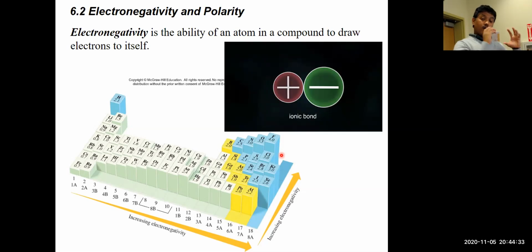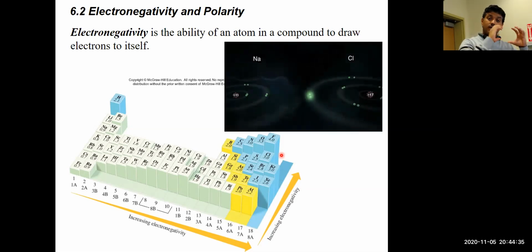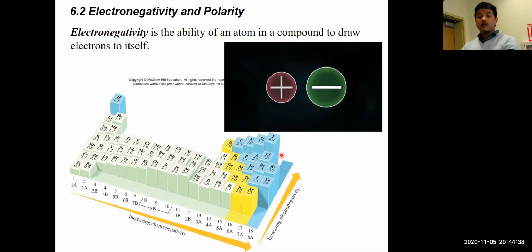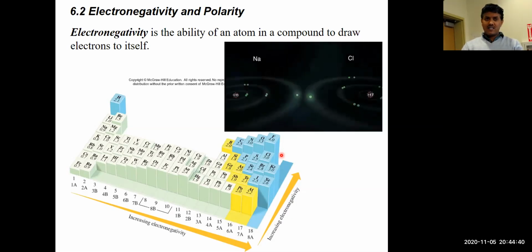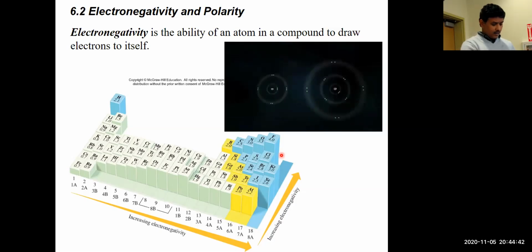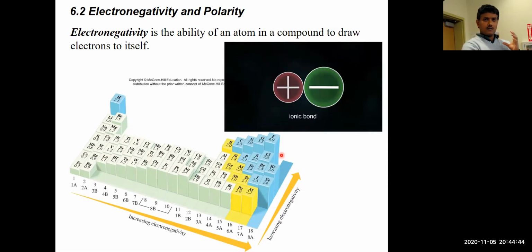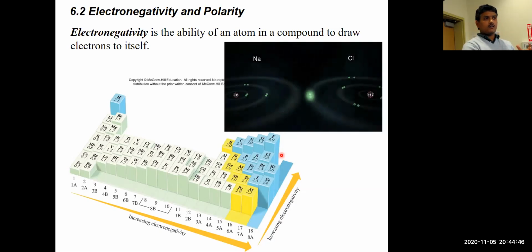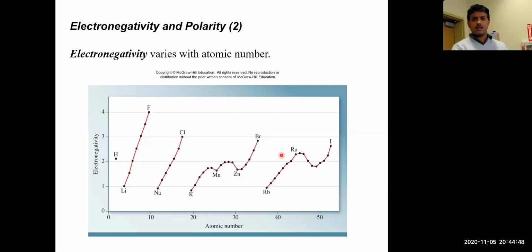Now again, I want you to make the logical connection between the atomic radius and the electronegativity, because if you build up like that, it makes more sense and it sticks with you, instead of just learning plainly what electronegativity is. That's why I want to make these connections from previous topics to the current topics.